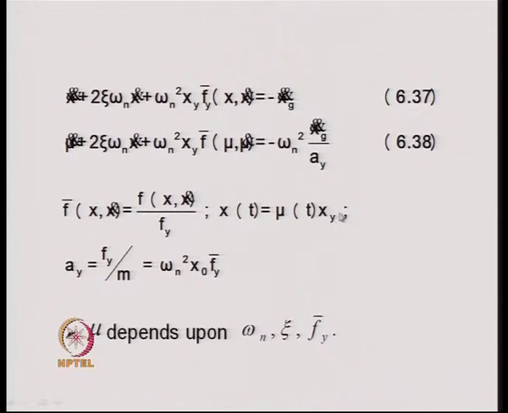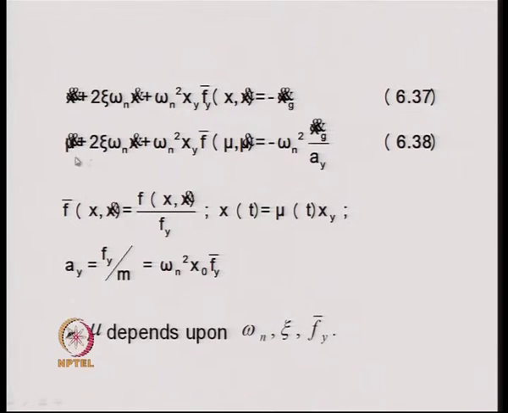Once we have this relationship, it can be substituted into the top equation, so that the second equation can be simply written in terms of not the x variable but mu as a variable, that is ductility at every instant of time t.